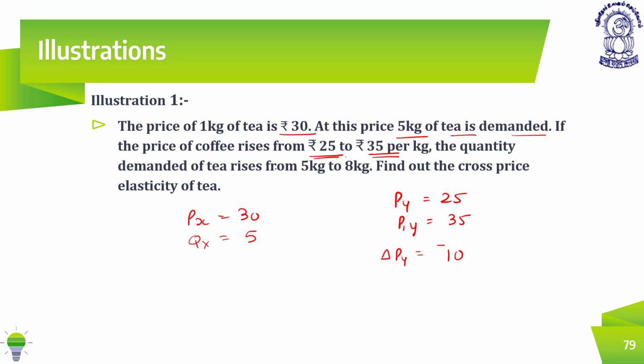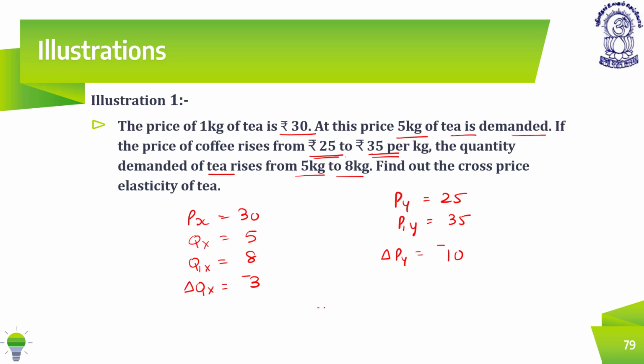Let's move ahead. The quantity demanded for tea rises from 5 kg to 8 kg. Now the change in quantity demanded for X would be 5 minus 8, so this would be minus 3.